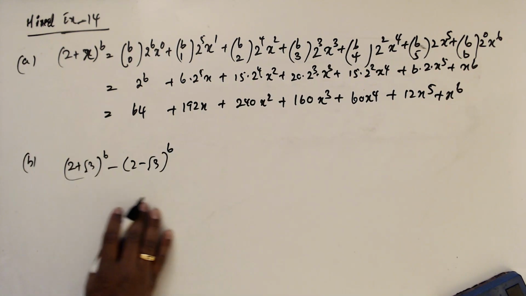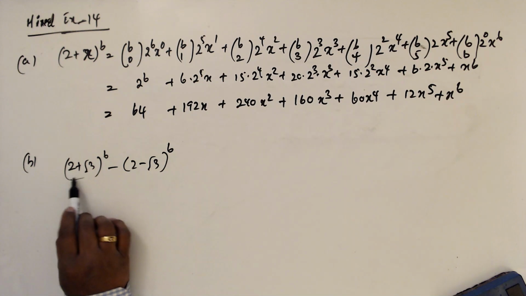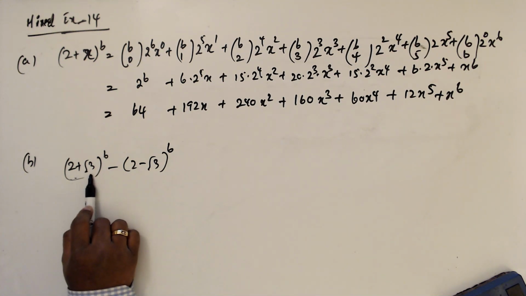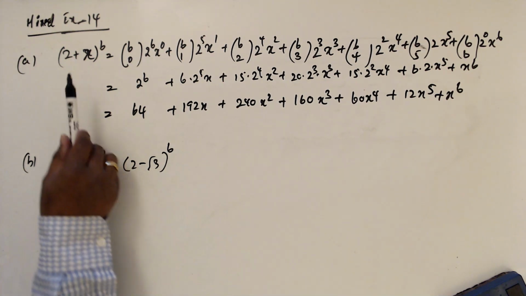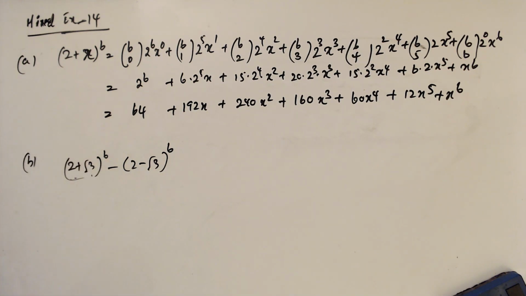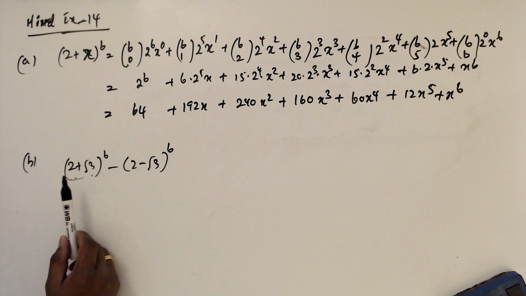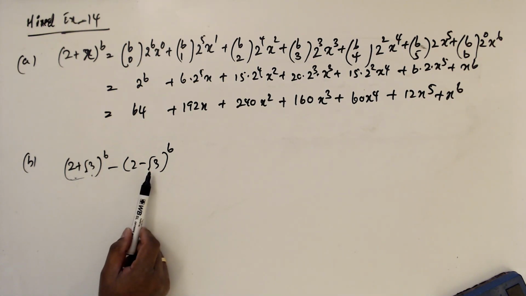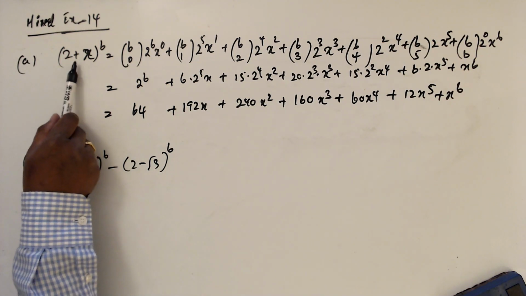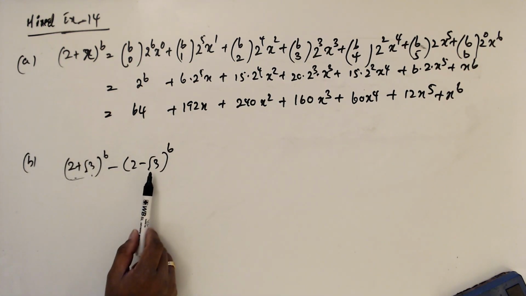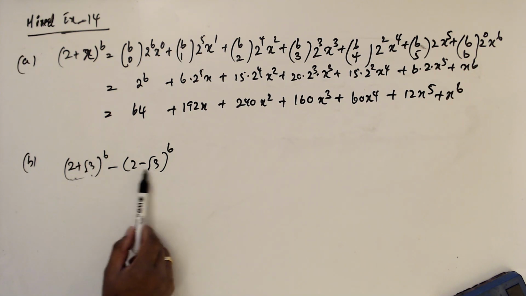Now what I notice, part B, (2 + square root 3)^6. So if I put x equal to square root 3 here, then that's fine. And instead of that, if I replace with minus x, then I can put minus square root 3, or simply I can replace x equal to minus square root 3.